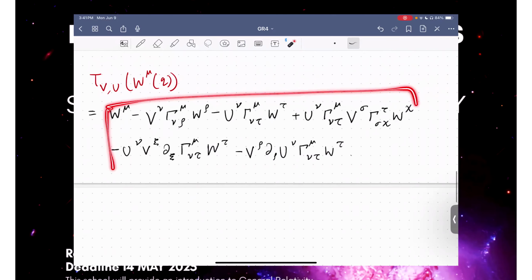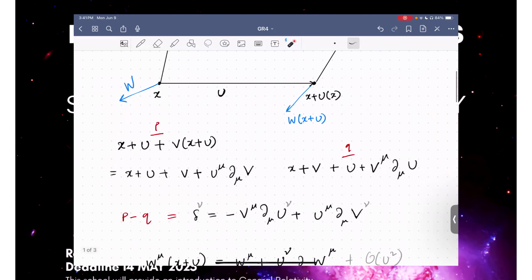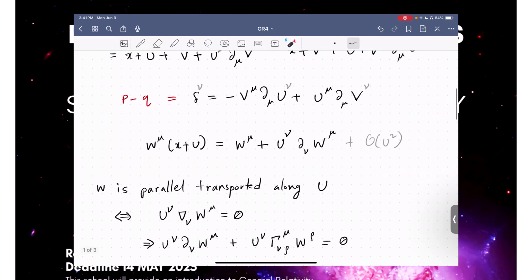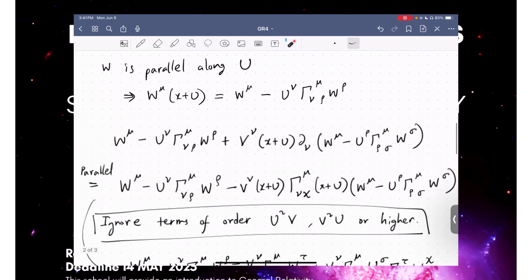You simply take the vector that you want to transport, and then you add a derivative with respect to the vector in whose direction you want to transport more. So for example, here we are transporting W from X to X plus U. We take the vector that we originally have at X, and then we take the derivative of that with respect to the vector that determines the transport.